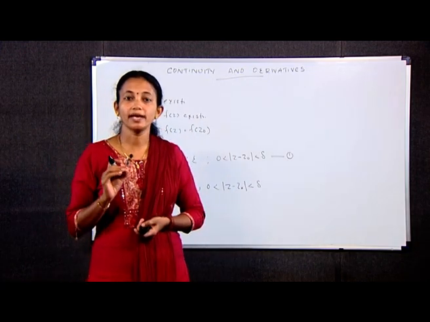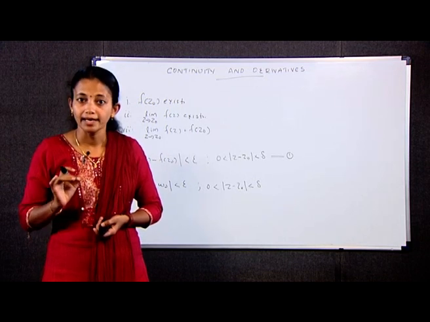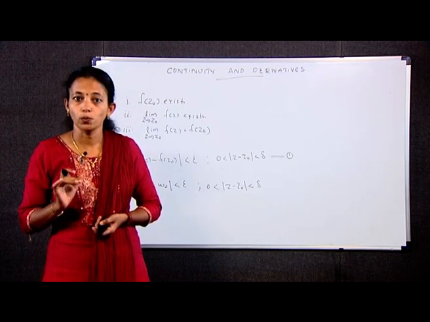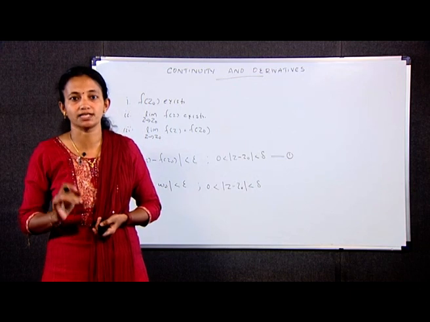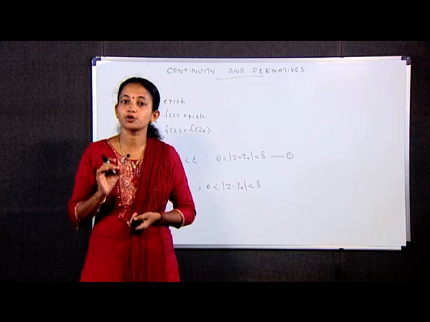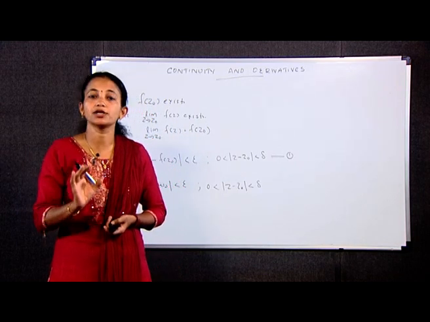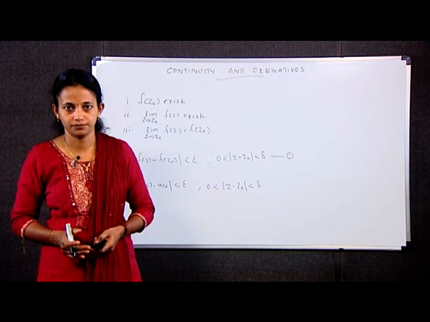That is, we take deleted delta neighborhood of z0, while in definition of continuity, we take the delta neighborhood of z0. A function of a complex variable is said to be continuous in a region R if it is continuous at every point in R.